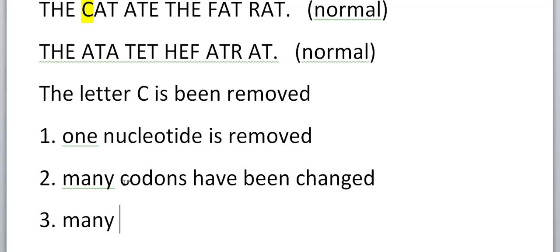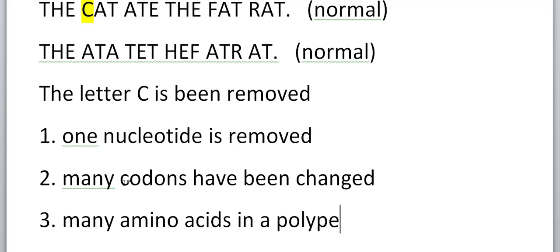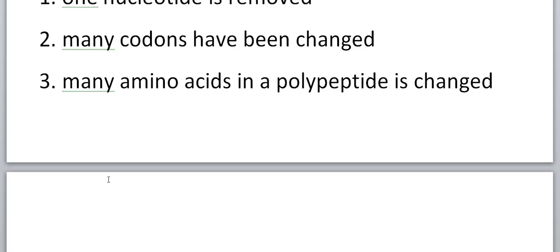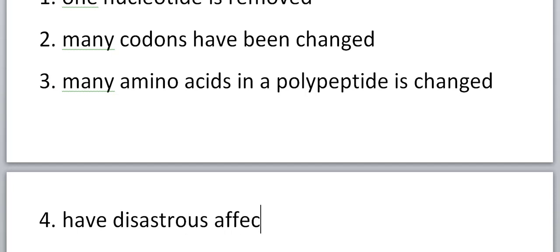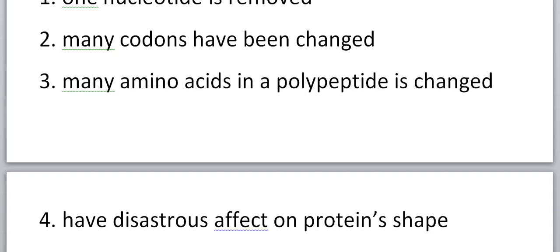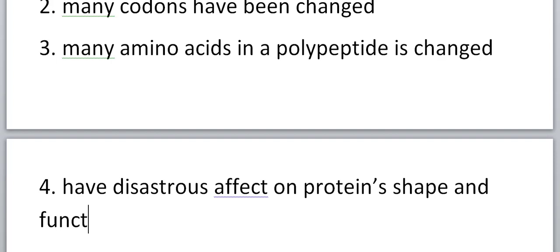So many amino acids in a polypeptide are changed. This has a disastrous effect on the protein's shape and function.